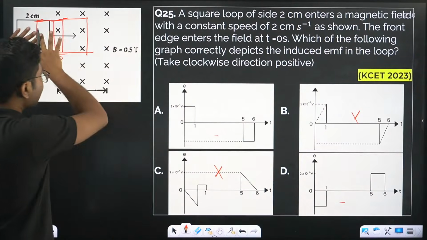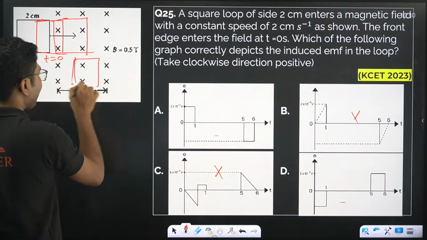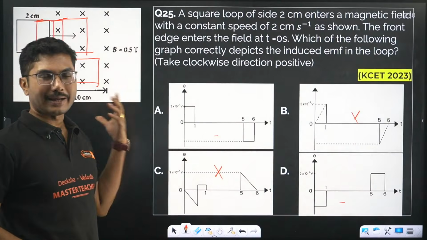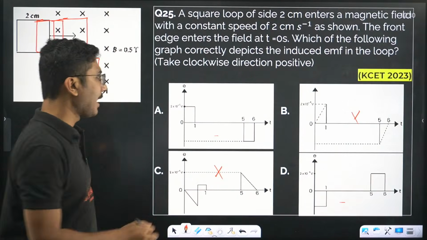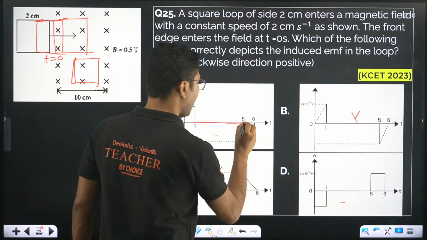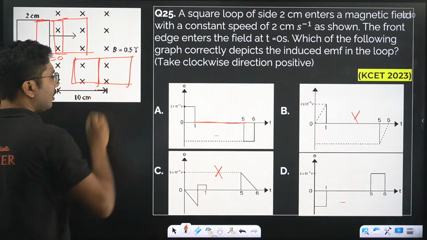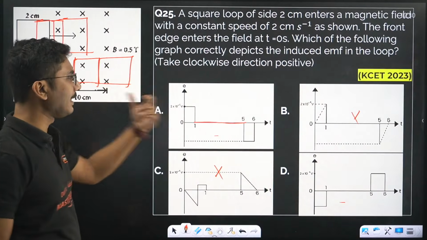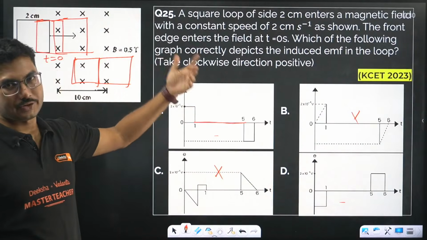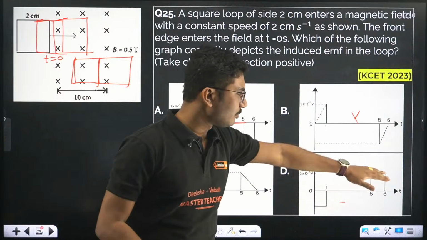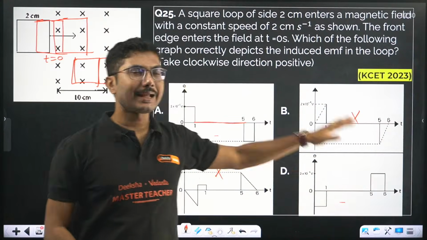So either this one or this one is correct. Once the entire loop is inside the magnetic field, the magnetic field is no longer changing. That means induced EMF will be 0. And when the loop starts exiting the magnetic field, again induced EMF will be there in the opposite direction. So in that sense, these two graphs are possible candidates.